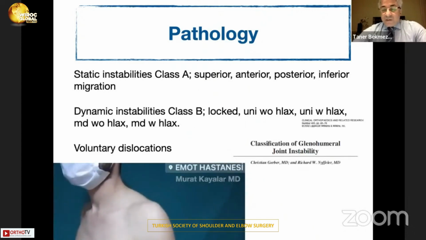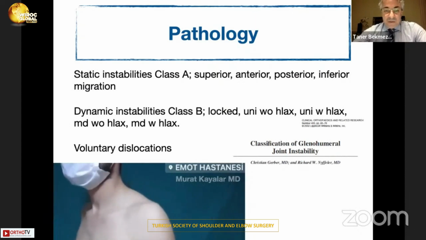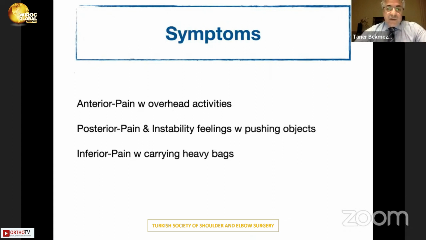There are different instability classifications. One of them was described by Christian Gerber. He divides instability into 3 types: static, dynamic, and voluntary dislocations. It is very comprehensive and covers the whole instability pattern.